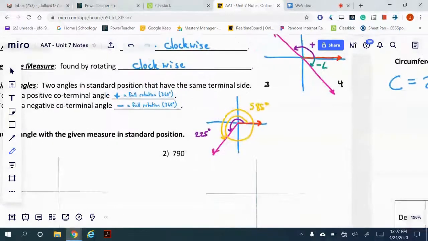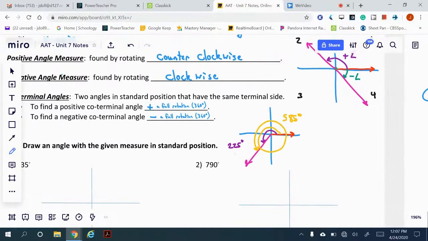Now, you can get coterminal angles the way we did this by adding 360 degrees. We could also get coterminal angles by subtracting 360 degrees. We can rotate two different directions with our angles here. So if you were asked for a positive coterminal angle, you would keep adding 360 degrees to get a positive coterminal angle. And if you were asked for a negative coterminal angle, you would subtract.